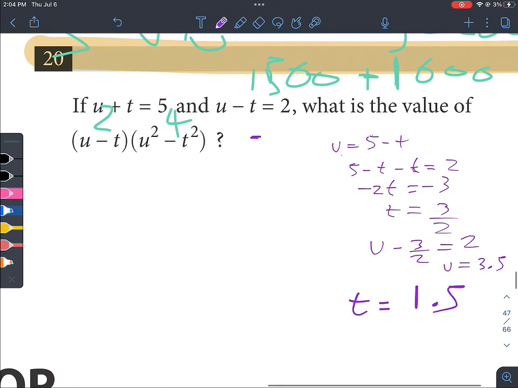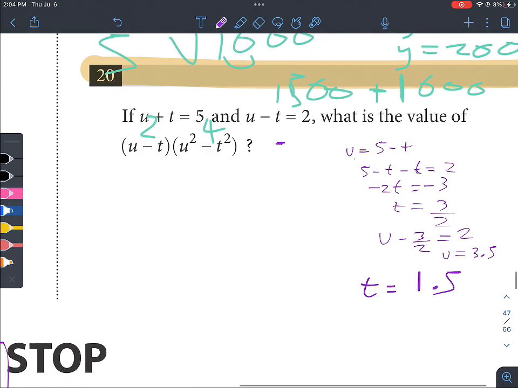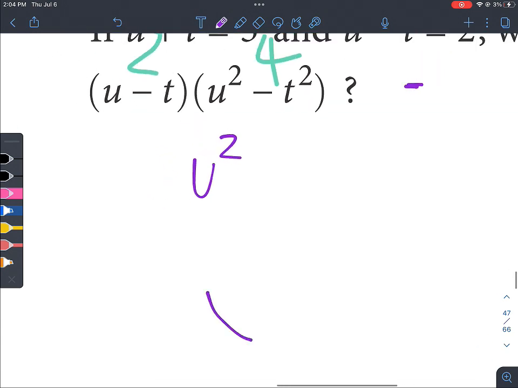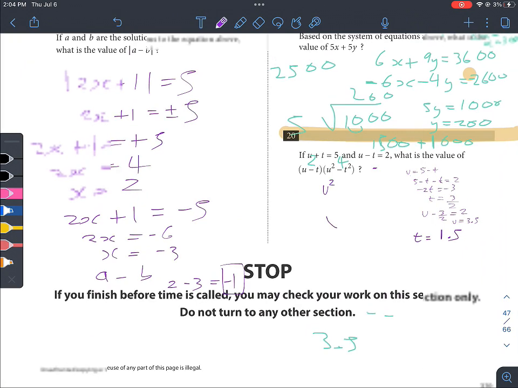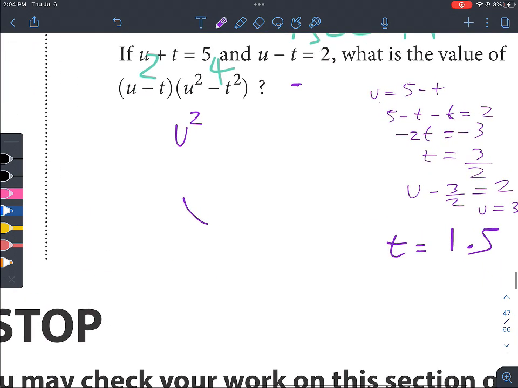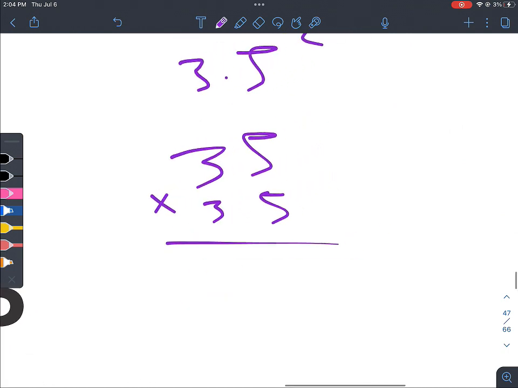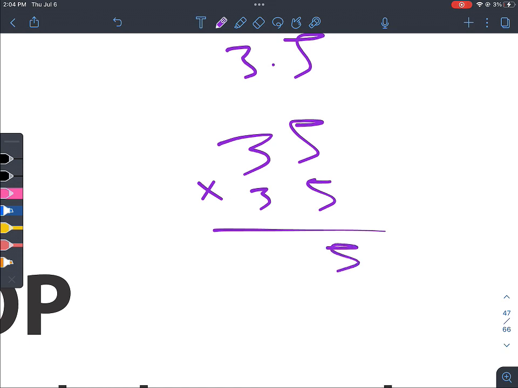Okay, let's try this. U squared. I'm going to use a calculator to see if what I did is correct. U squared, so that'll be 3.5 squared. So let's drop that. 35 times 35. That is 25. 15.